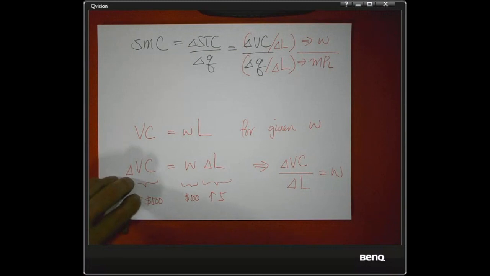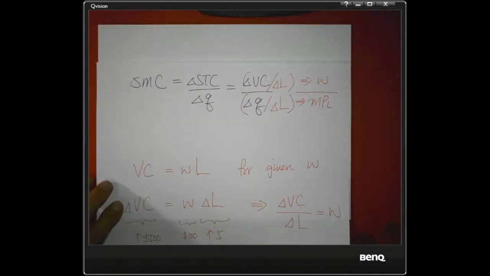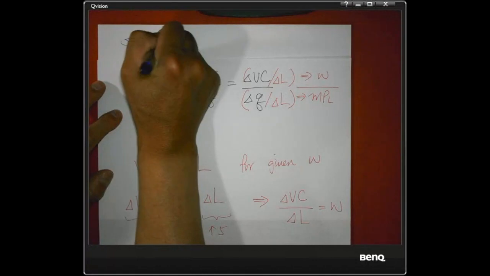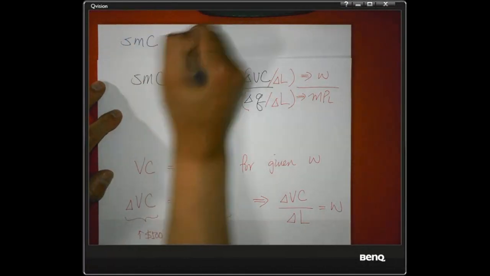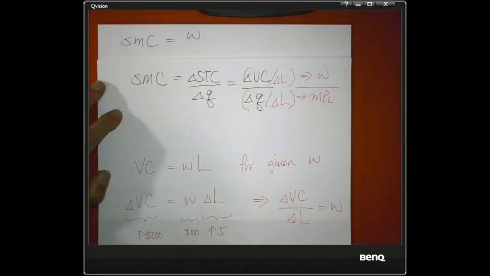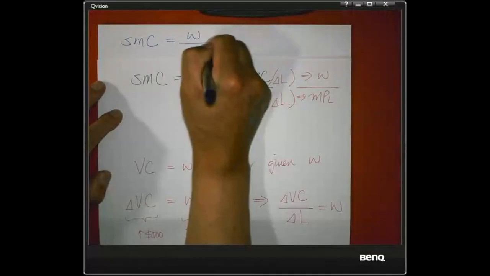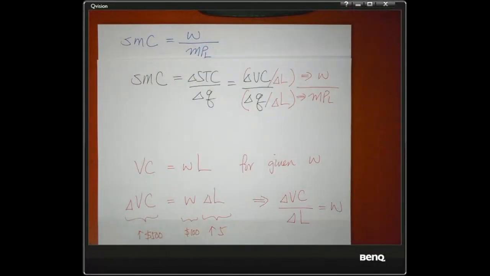Now, what we have derived is that short-run marginal cost is related to the unit cost of labor inputs divided by the marginal product of labor.